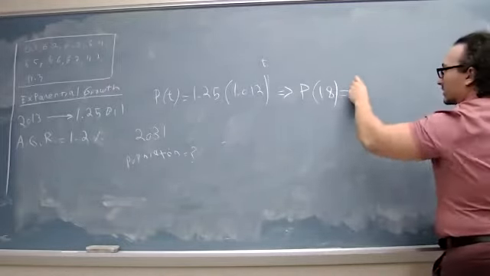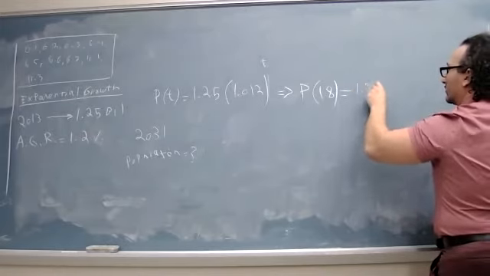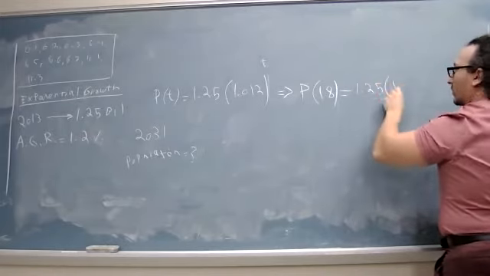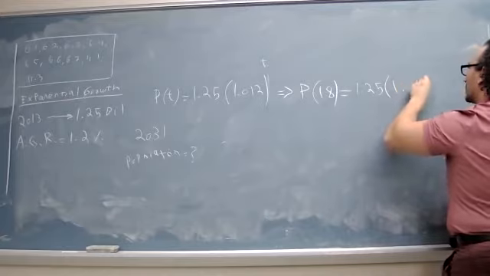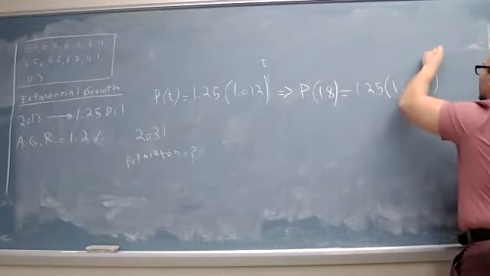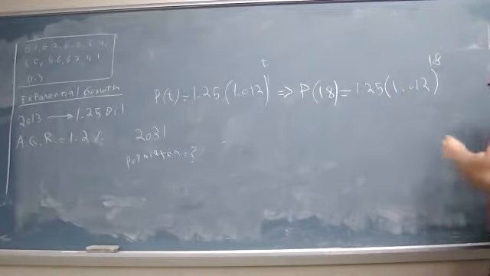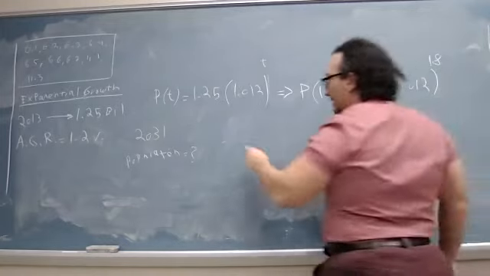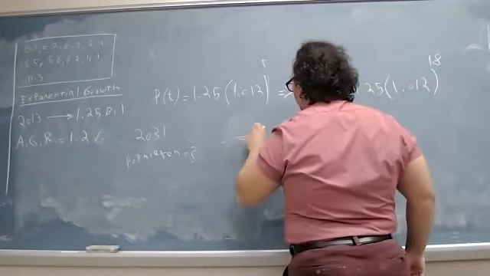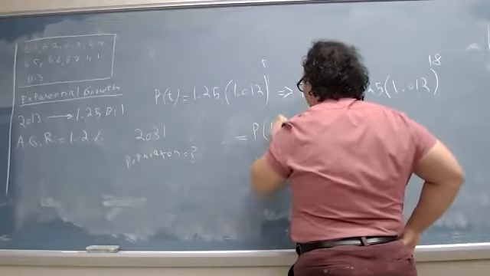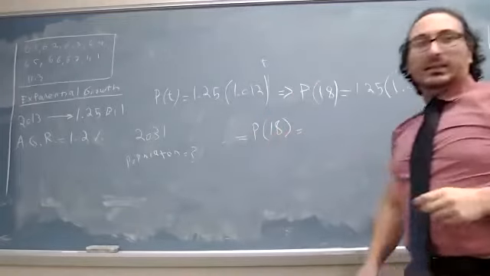So notice that this is just going to equal 1.25 times 1.012 raised to the 18th power. And that's going to be a lot of people. Let's see how much that is.